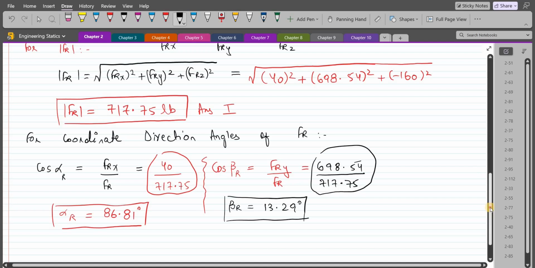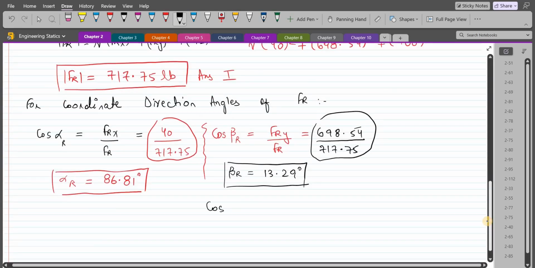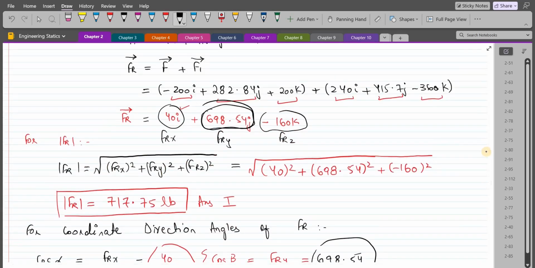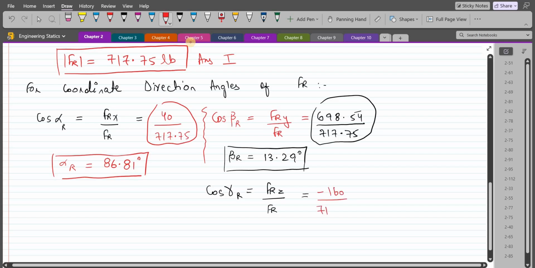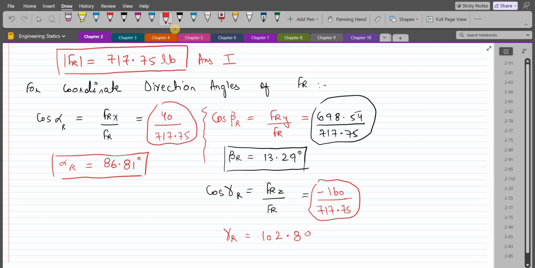And for cos gamma, we have cos gamma of the resultant force equals FRz over FR, and FRz is negative 160. So negative 160 over 717.75. If we take the cos inverse of this value, then gamma of the resultant force comes out to be 102.88 degrees.